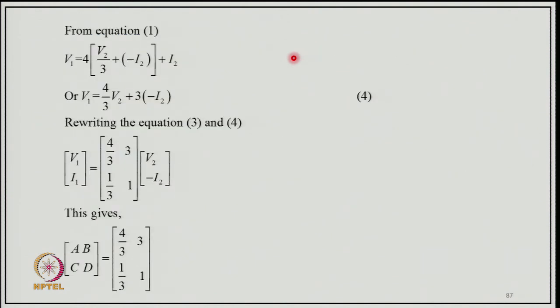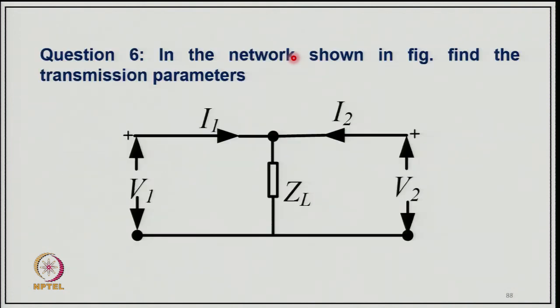From equation 1, V1 equals 4 in bracket V2 by 3 minus I2, plus I2, or V1 equals 4 by 3 V2 plus 3 in bracket minus I2. Rearranging equations 3 and 4, we can write [V1, I1] equals [4 by 3, 3; 1 by 3, 1] into [V2, minus I2]. This gives us the ABCD parameters as 4 by 3, 3, 1 by 3 and 1.